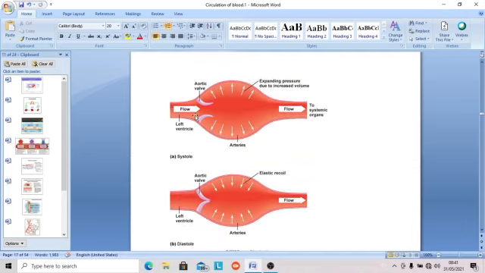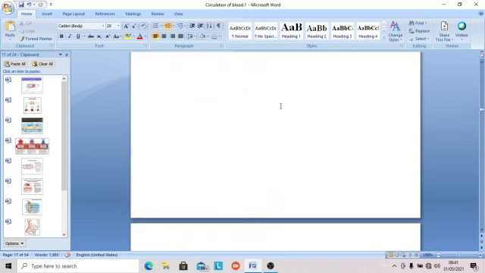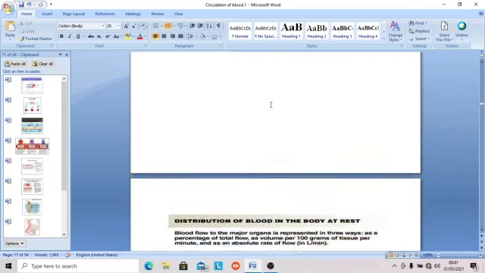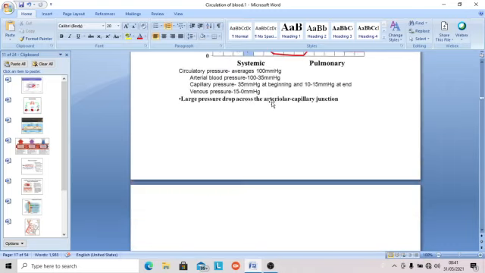The most important, the first branch to arise from the aorta, is the coronary. If this did not happen, imagine, the coronaries would not get blood supply, because coronaries get blood supply mainly during the diastolic phase. So the heart itself would not have survived.